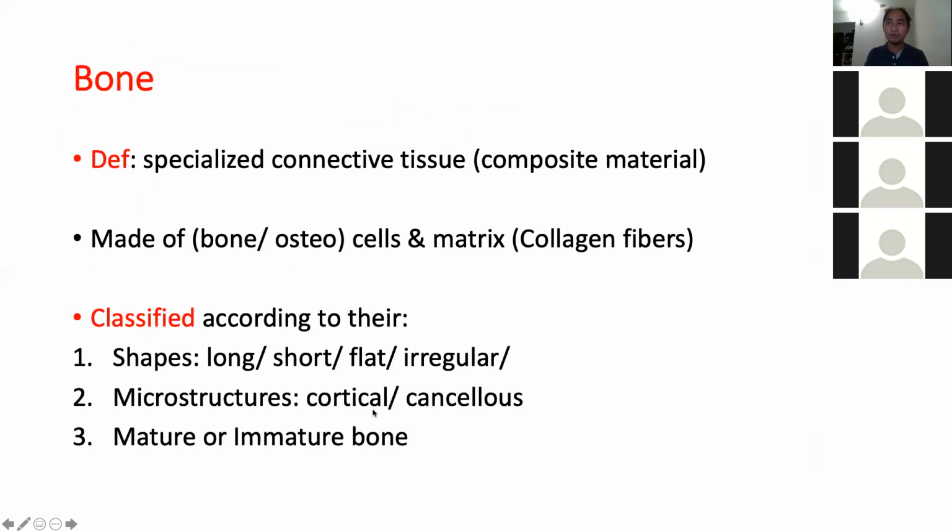Let's go into bone. We will classify bone depending on shape: long bone, short bone, flat bone, irregular bone. Depending on microstructure, compact or cortical bone, or cancellous bone. And depending on mature bone or immature bone.